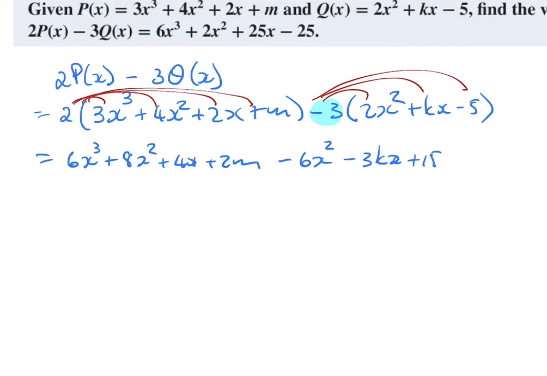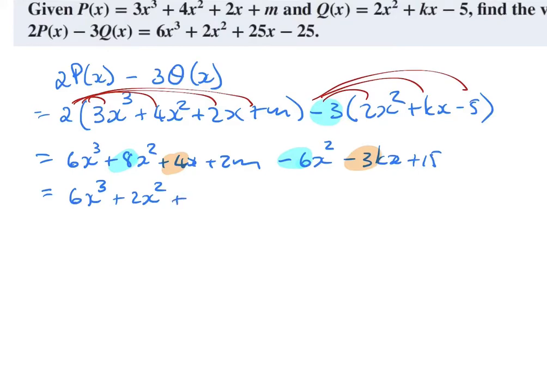I'm also now going to write them in order. So I'm going to say this is 6x cubed. I'm going to say 8x squared. So 8x squared minus 6x squared is going to give us plus 2x squared. I have a 4x, and a minus 3kx, which I'm going to put together in a bracket.